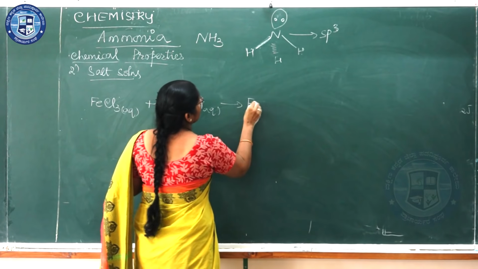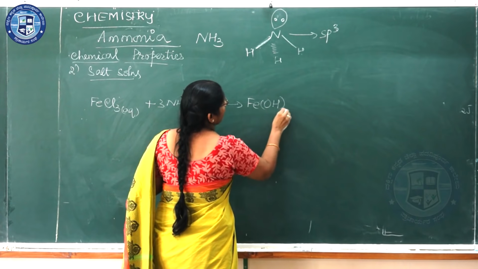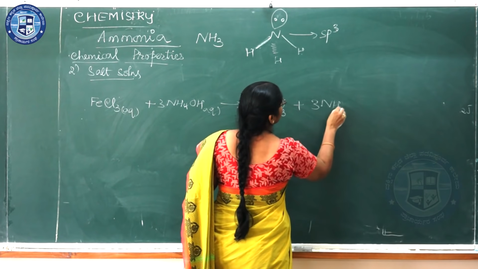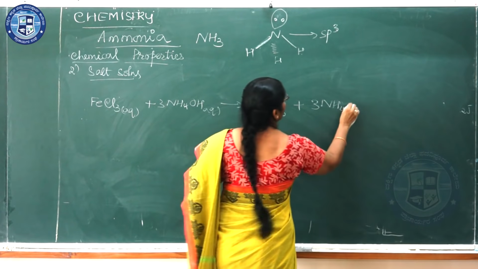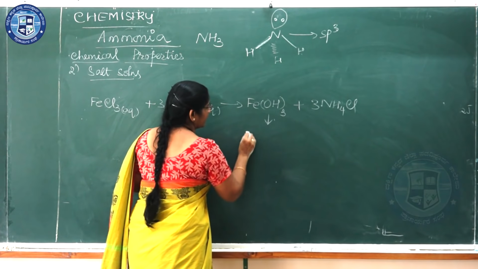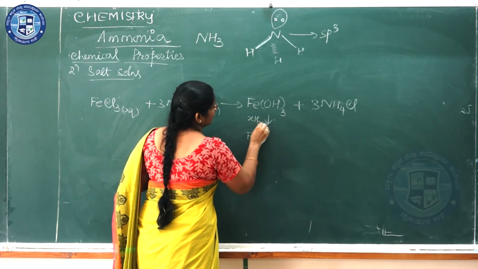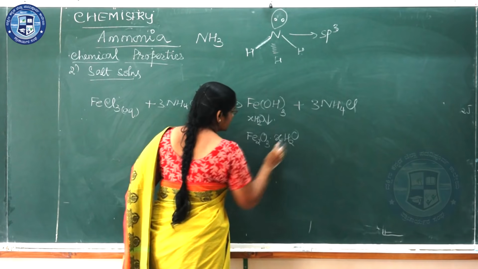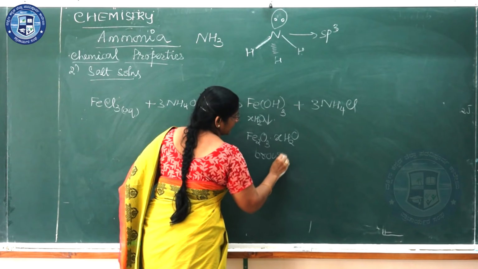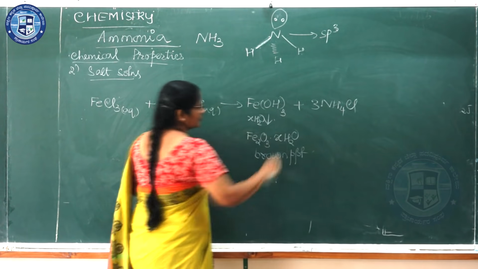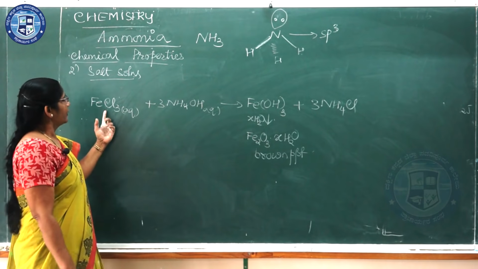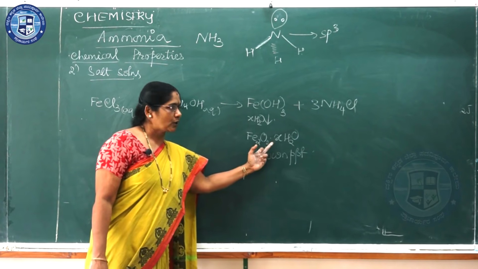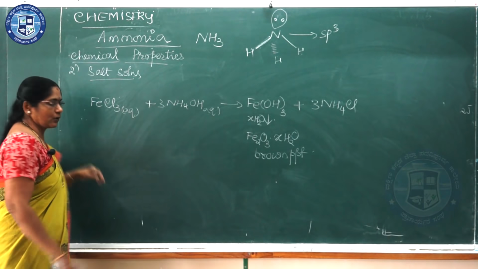First ferric hydroxide is formed, which then gets hydrated to form hydrated ferric oxide. This is a brown precipitate. So ferric chloride gives a brown precipitate of hydrated ferric oxide when ammonium hydroxide is added.